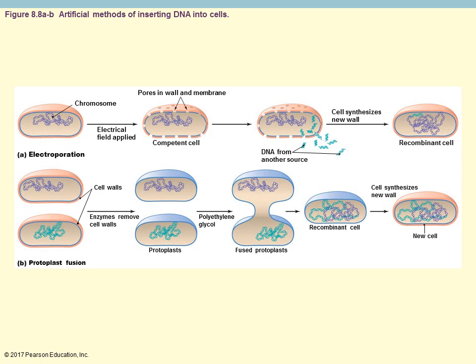In protoplast fusion, you remove the cell wall, leaving just the cell membrane. And then polyethylene glycol, which is basically a type of detergent, will allow the two cells to fuse together. The DNA combines. Now, the cell will eventually synthesize a new cell wall.